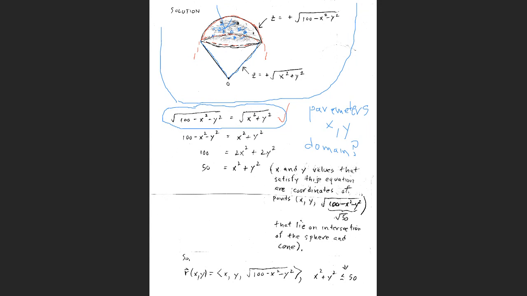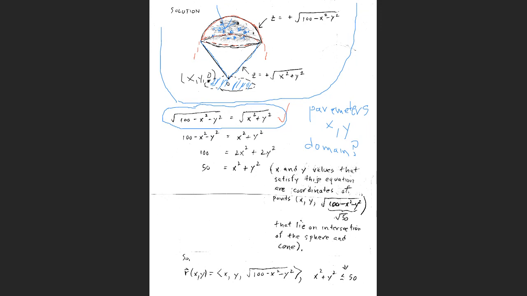If I were to project that circle down into the xy plane and look at xy coordinates. Of course, the z coordinate is 0, but let's focus on xy. All the blue points on the surface, their xy coordinates are going to have to fall inside that circle.